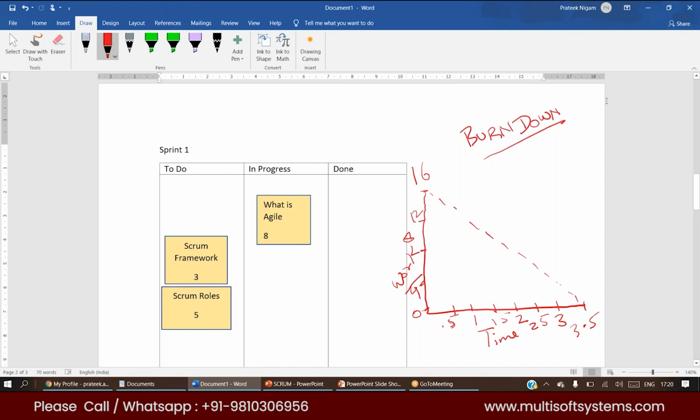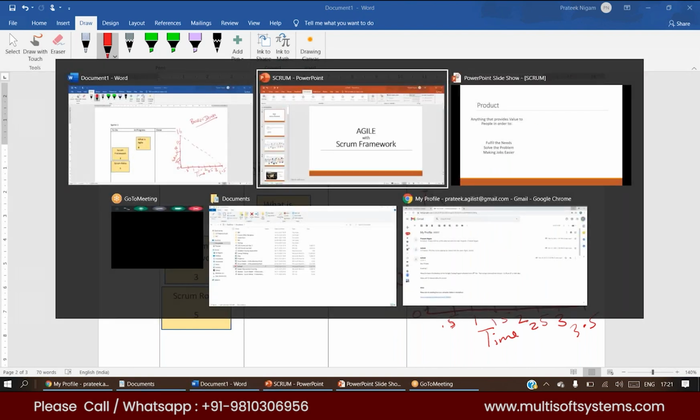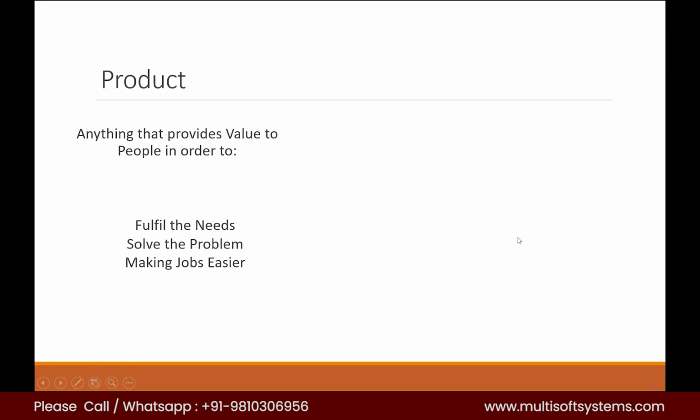The purpose behind showing this is that we should know, when we start working on any product using Scrum, what are the prerequisites that we have to work on. Now let's jump to Agile, because our first story is about Agile. So here is the history of Agile, how it came into the picture.